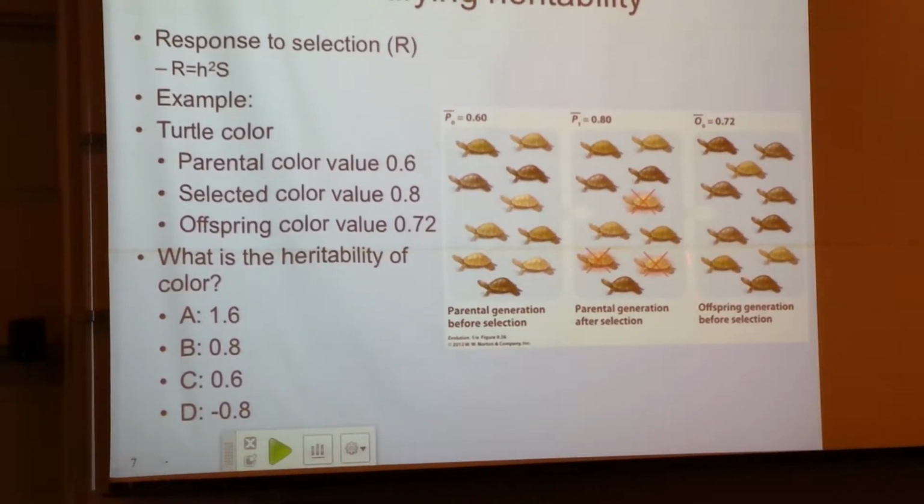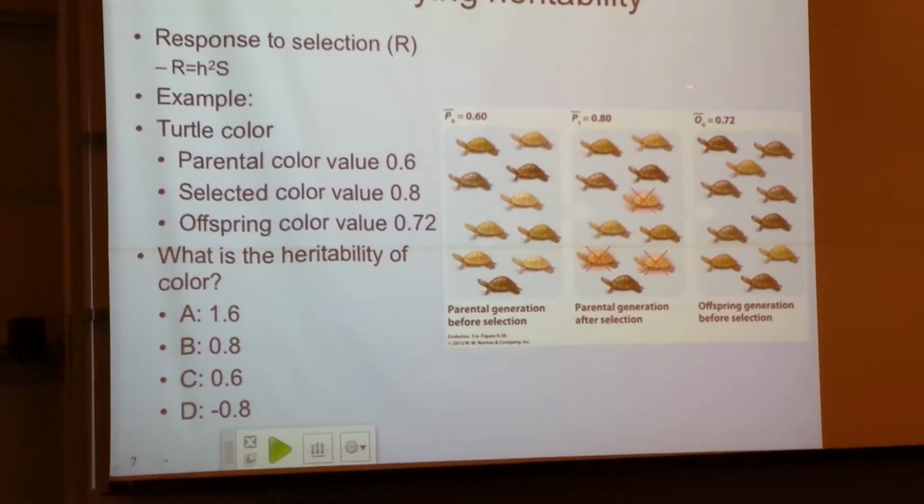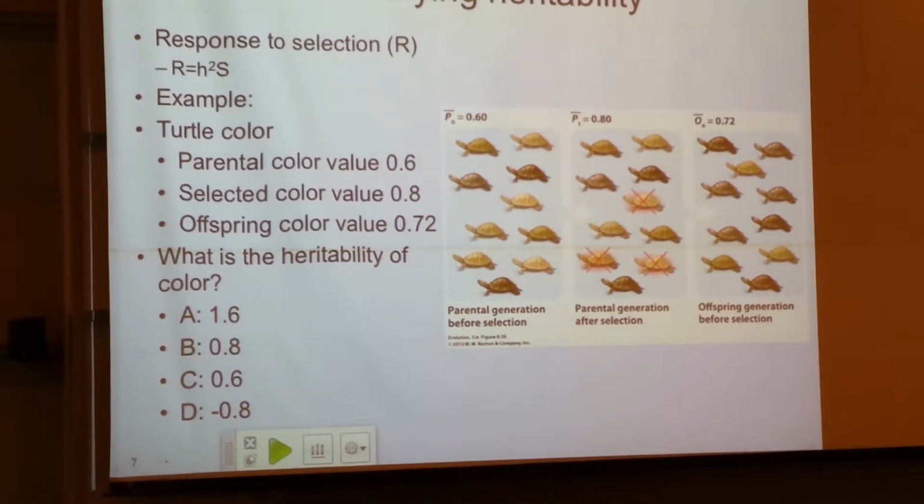After selection, the phenotypic value is 0.8, right? So these are selected. And then of course the offspring generation is going to be a value of 0.72. So we should be able to figure this out, right? And this is just basic algebra.